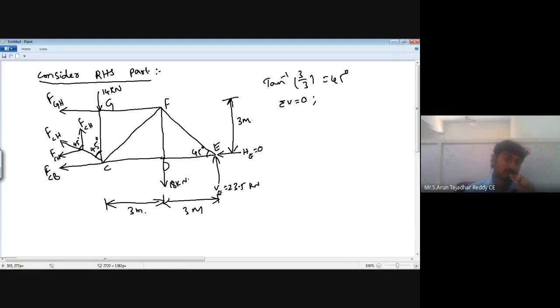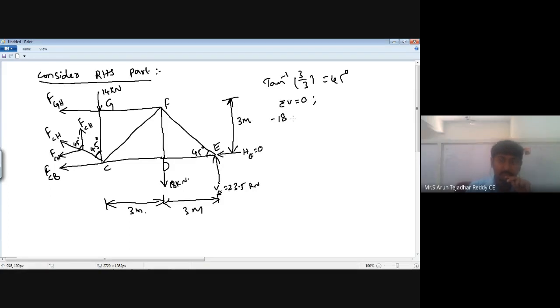So apply sin theta or cos theta and check the direction. Upward is positive, downward is negative. Here 18 kilonewton is downward, minus 18.